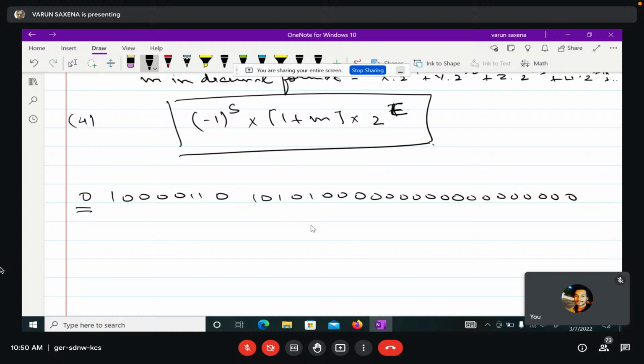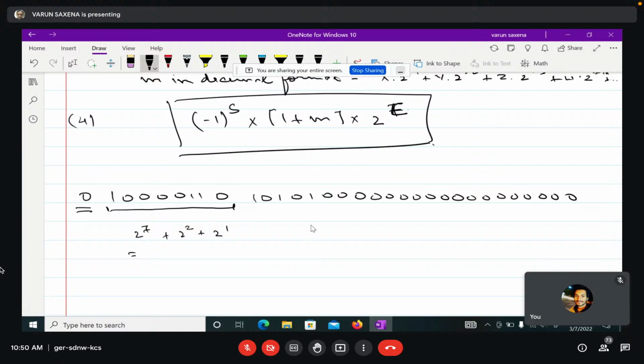Good enough. Let's look at the exponent bits: 1, 2, 3, 4, 5, 6, 7, 8. Okay. So if you look at it, what is this? This is 2 to the power of 1 plus 2 to the power of 2 plus 2 to the power of 7.